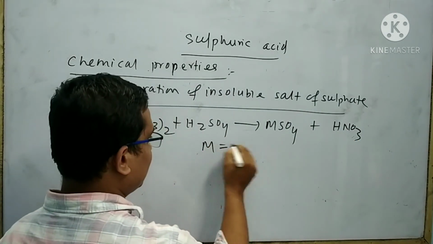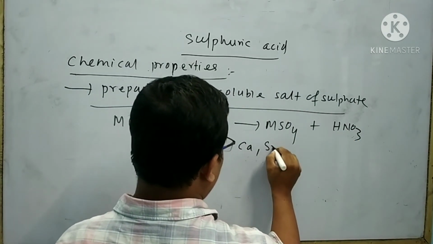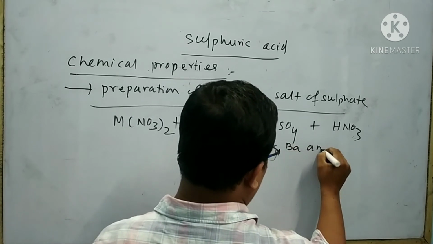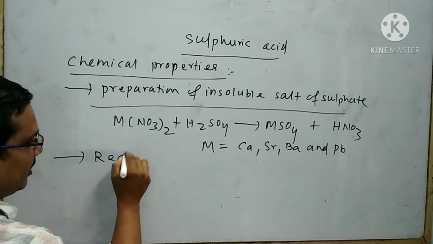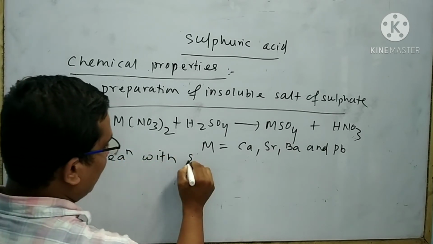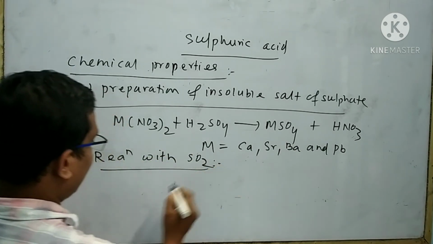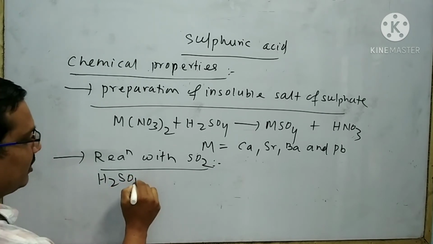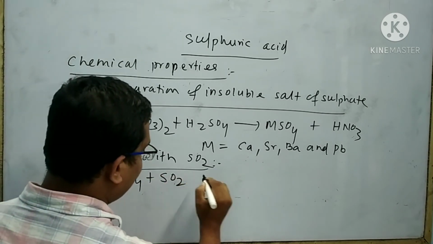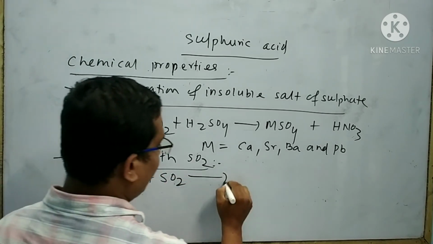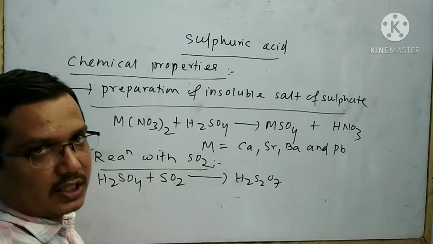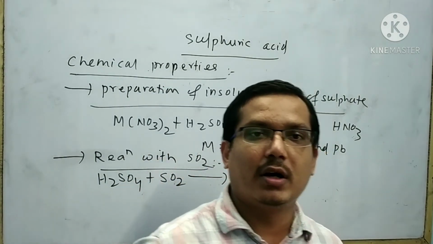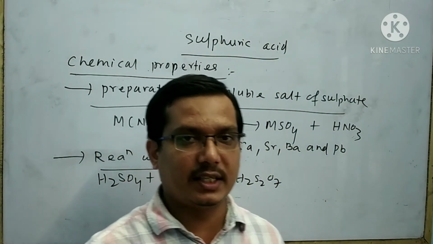Here M means calcium, strontium, barium and lead. Next reaction is the reaction with sulfur dioxide. When sulfuric acid is subjected to reaction with sulfur dioxide, then oleum is formed. These are the chemical reactions of sulfuric acid.